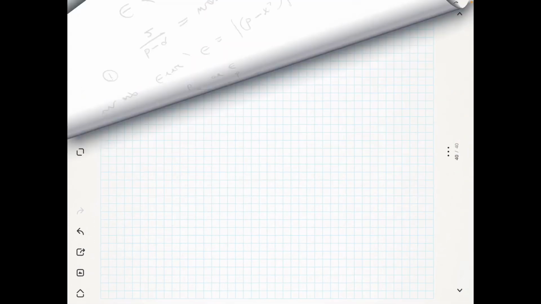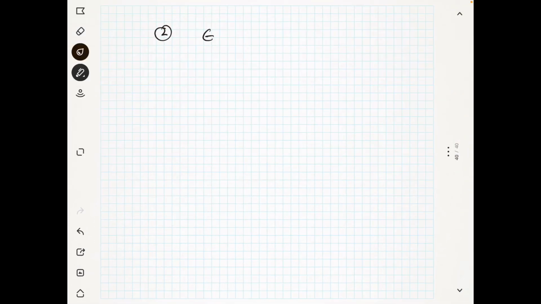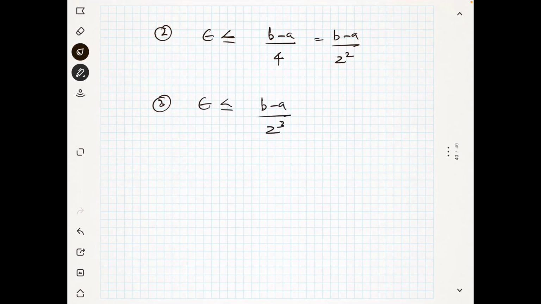In the second iteration, my error is less than or equal to b minus a by 4, because again I will be dividing into two halves, which is equal to b minus a by 2 power 2. So in the third iteration, my error will become b minus a by 2 power 3.